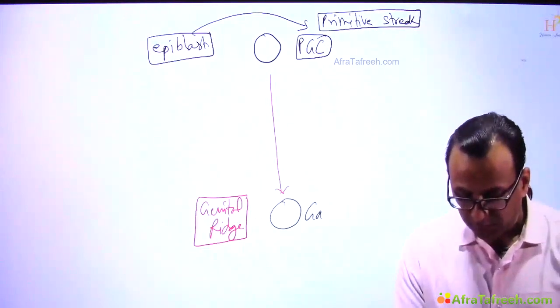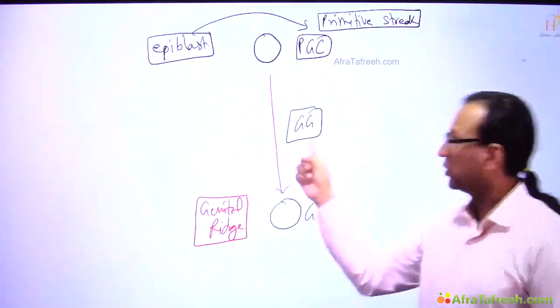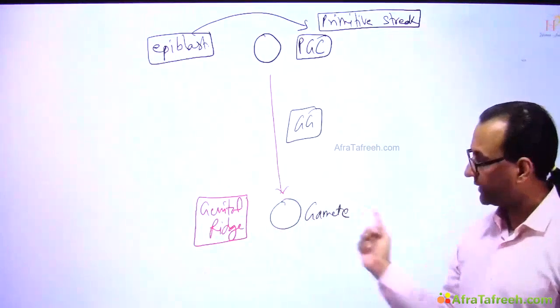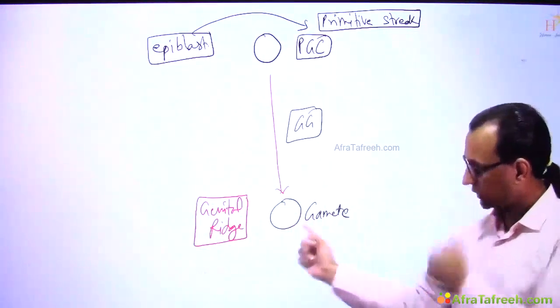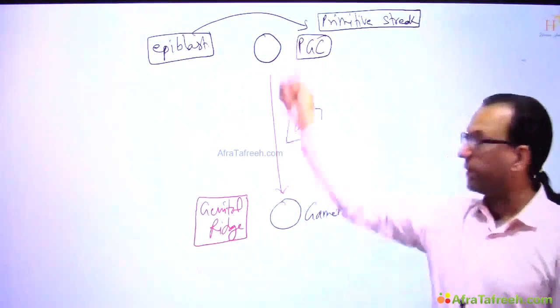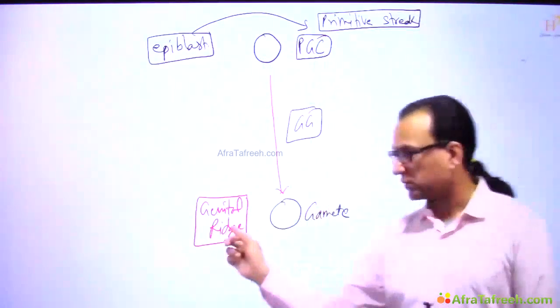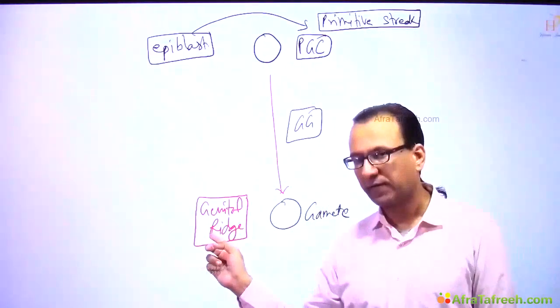The process is called gametogenesis. So when you're telling gametogenesis, it is the formation of the gamete from a cell which is called primordial germ cell. Sometimes there may be a problem in the migration of the primordial germ cell towards the genital ridge, aberrant migration.